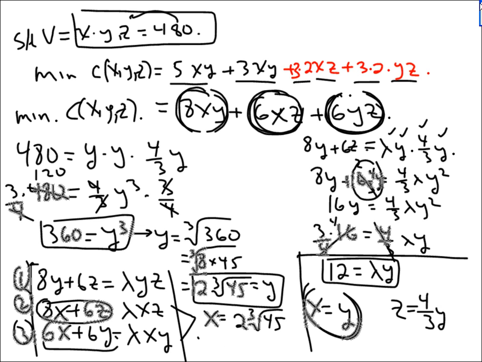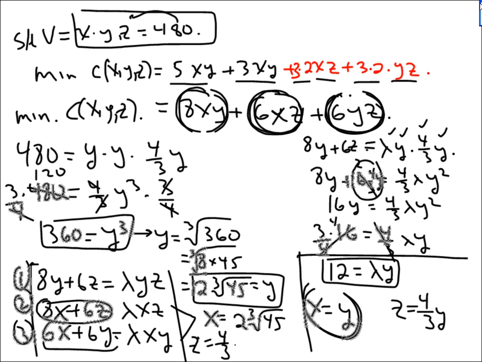Z. Z is 4/3 of this. Z is 4/3 times 2 cube root of 45. Well, 4/3 times 2 happens to be 8/3. So z is 8/3 times the cube root of 45. And I found the point.